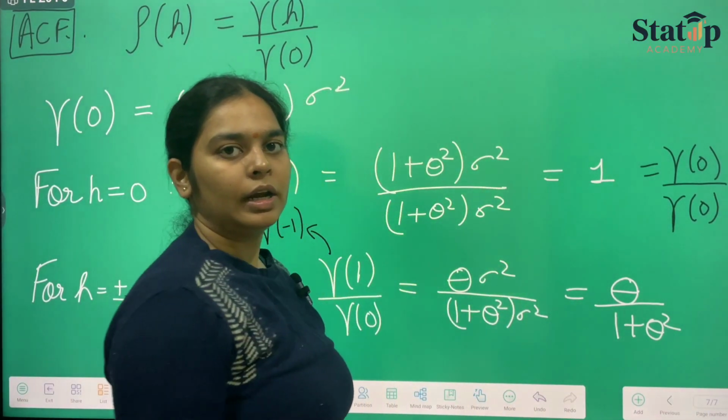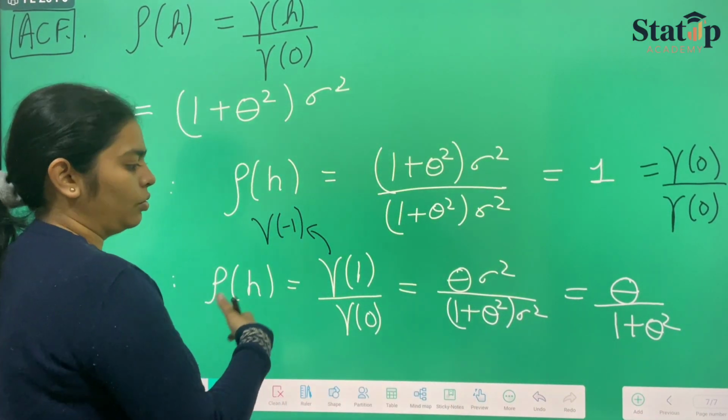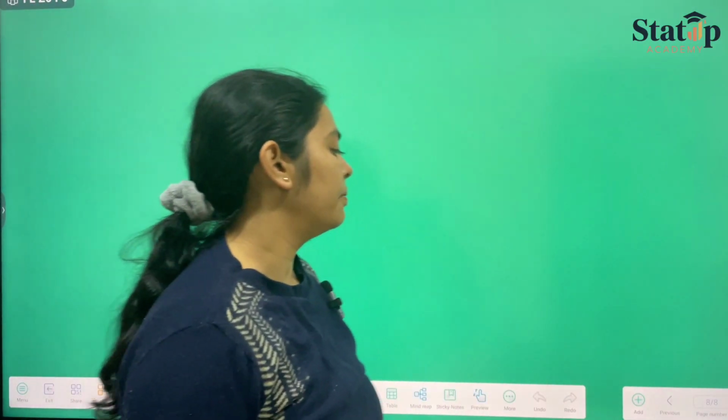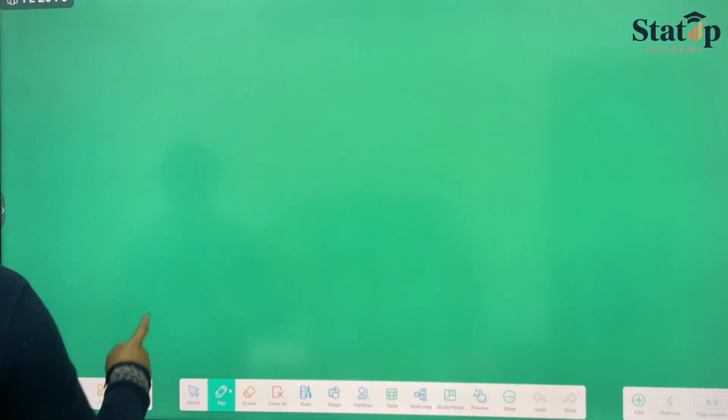And for h greater than or equal to 2, since gamma h is also 0, the autocorrelation function will also become 0.